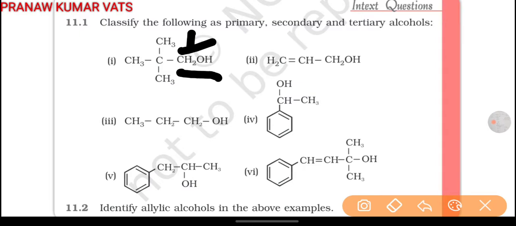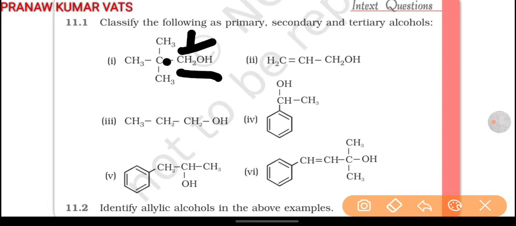With the CH2OH part, only one carbon is attached, that is carbon number 2. So this is our primary alcohol or 1 degree. It means if only one carbon is attached with the alpha carbon, then it is known as primary alcohol. If two carbons are attached, then secondary, and if three are attached, then tertiary. So this is primary alcohol.